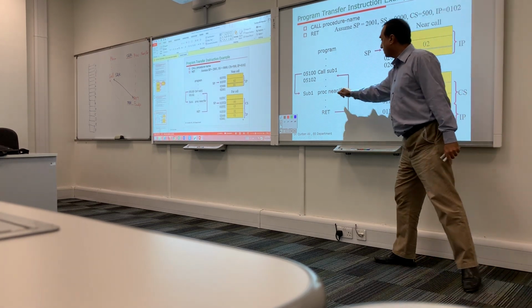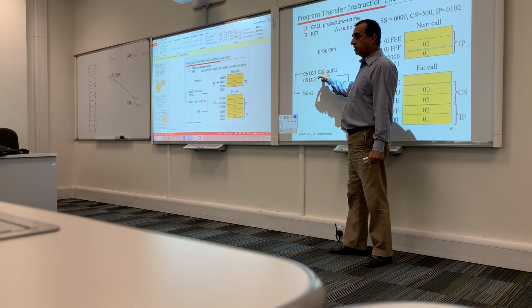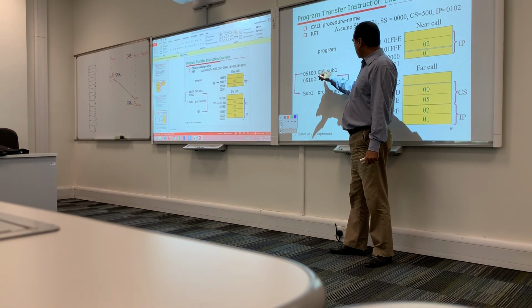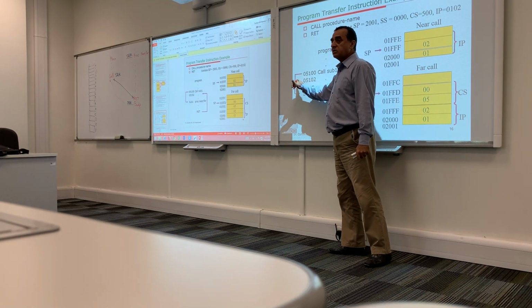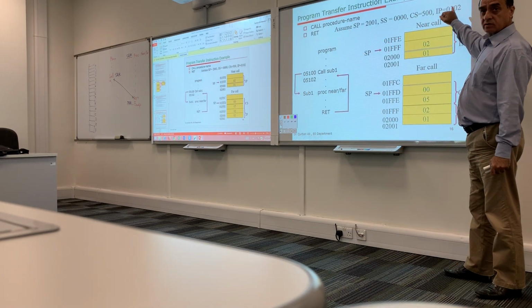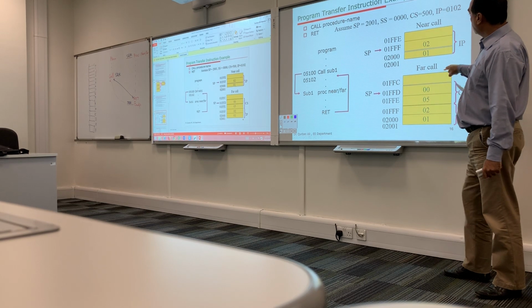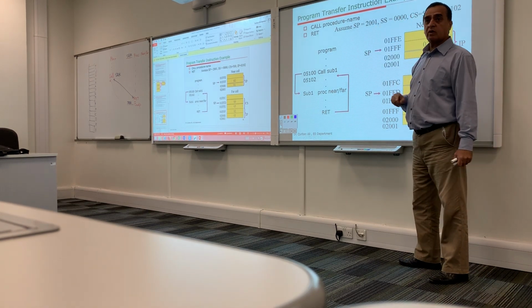What will happen in the near case? If we say call and we are going to the near procedure, what will I be saving onto the stack? Only IP. What is the value of IP? 0102. Near call. What is the stack? SS is 0, SP is 2001.